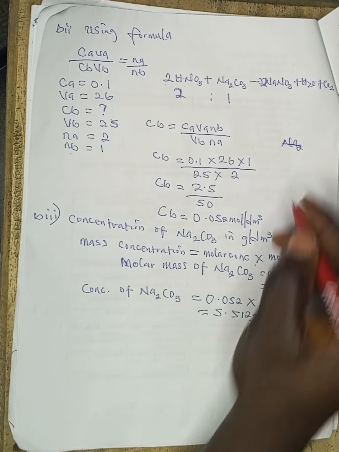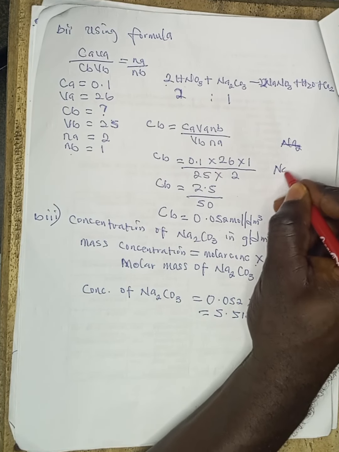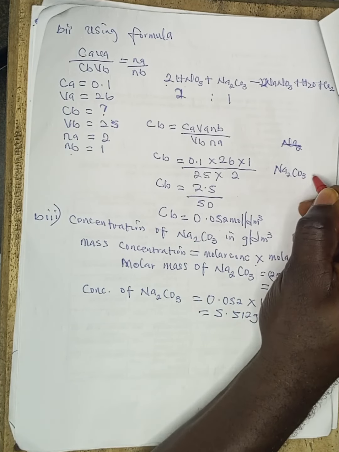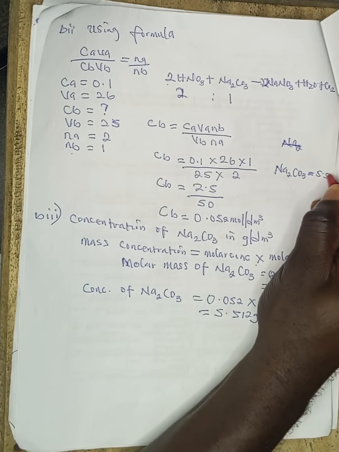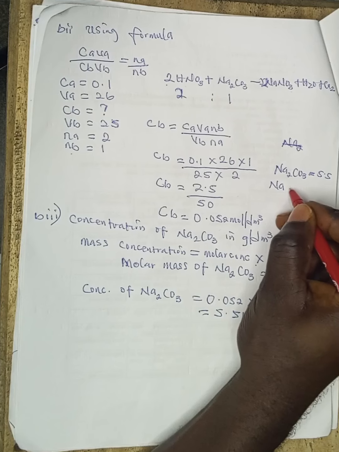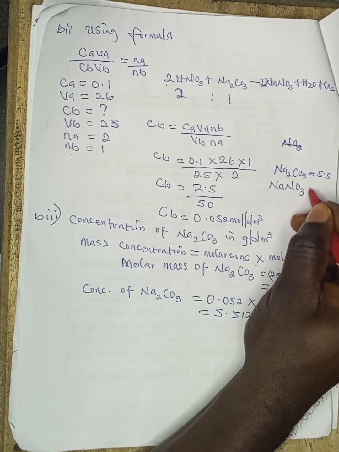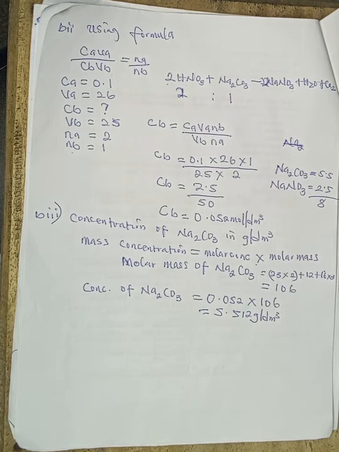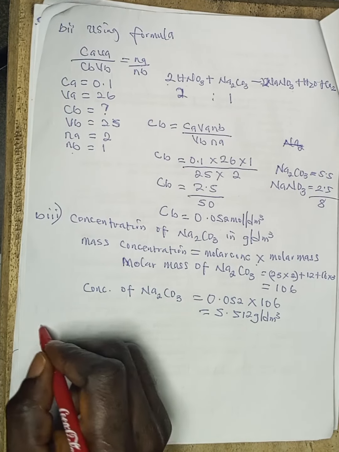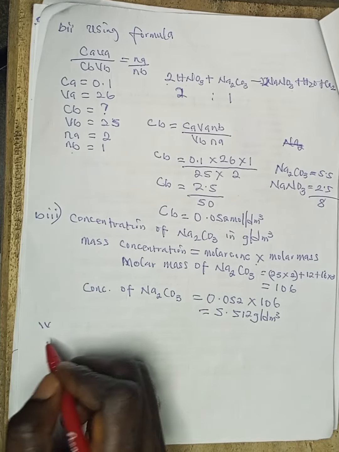This one is not part of the calculation. We have Na2CO3, the grams of it is 5.5, while NaNO3, the grams of it is 2.5. So if you add them, it gives you 8.